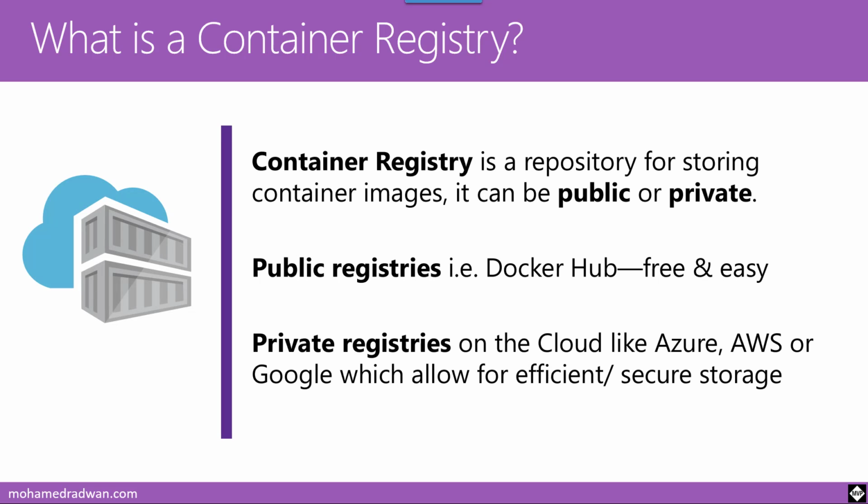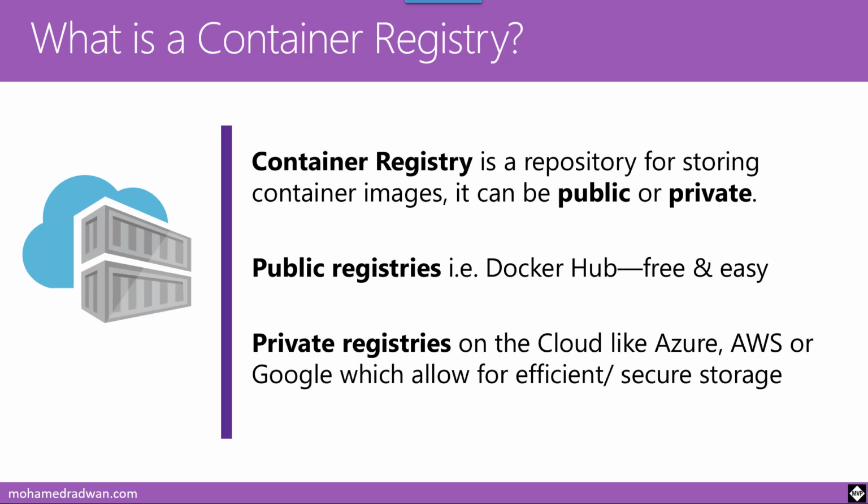So what is a container registry? A container registry, in a very simple definition, is just a repository, or a place for storing container images. It can be public or private. Private means it can be within my network and behind the firewall, so no one can access it. Or it can be public, like Docker Hub, which is free for everyone.